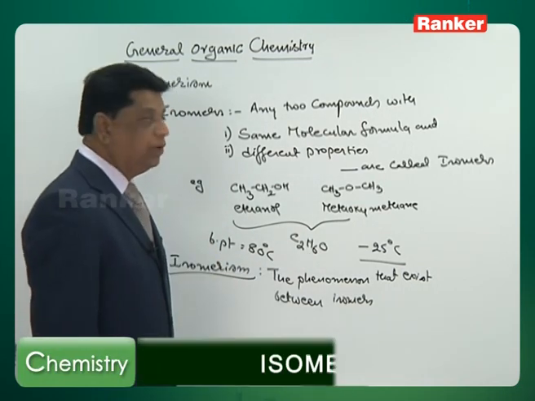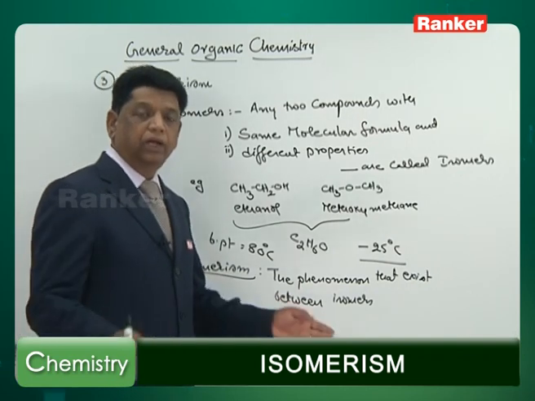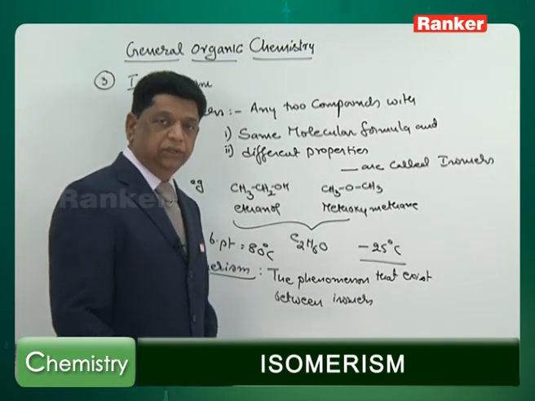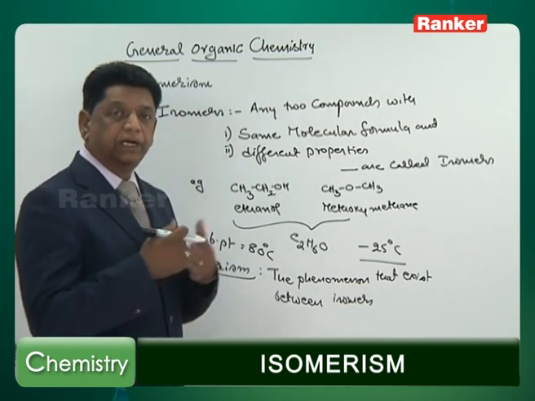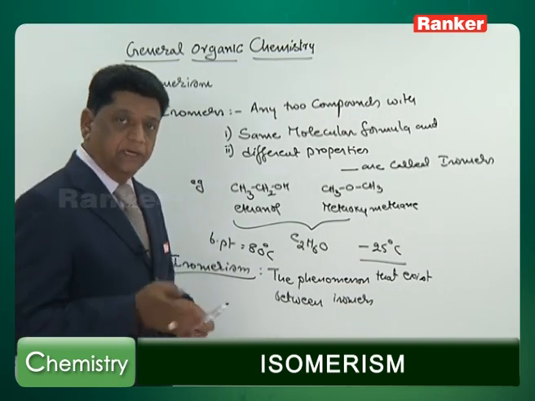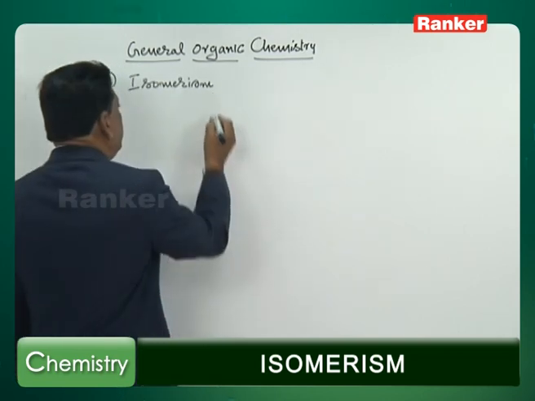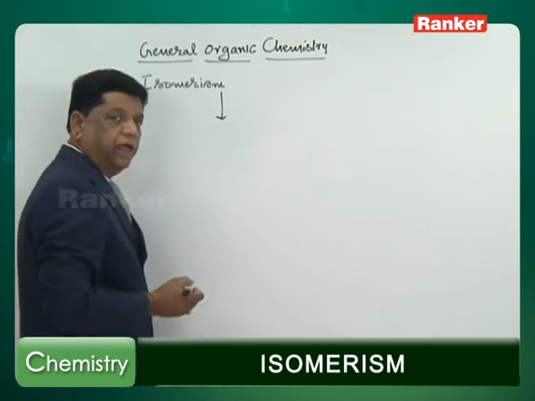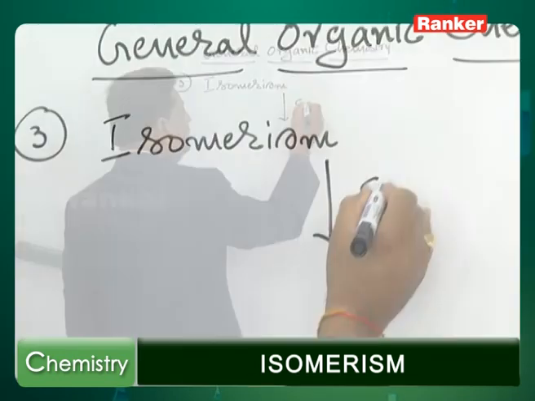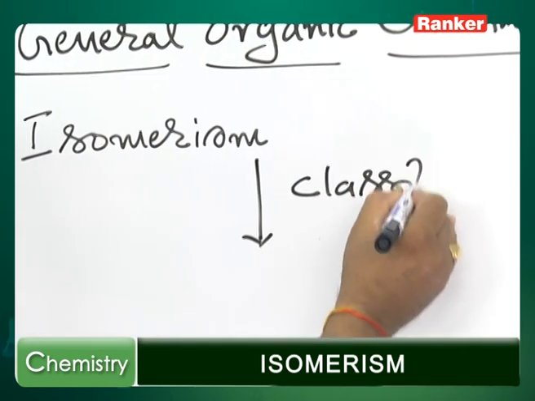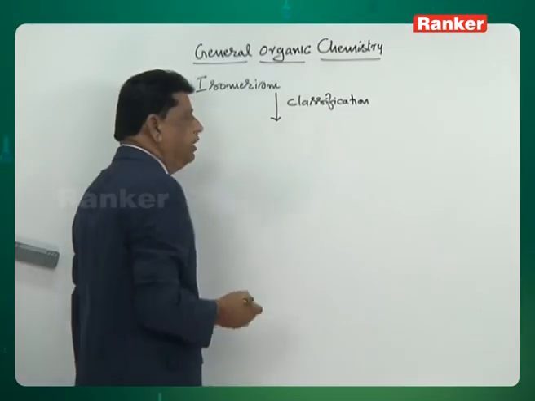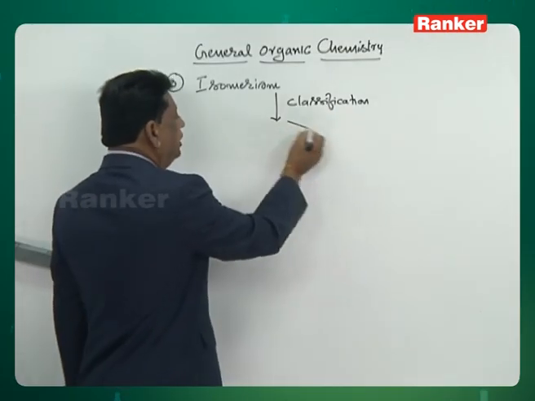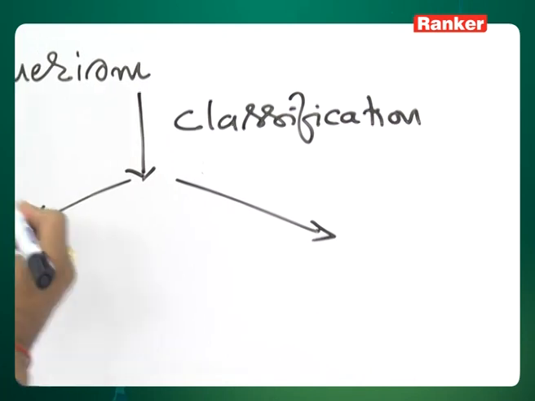Now, the isomerism is broadly classified into two varieties, structural and the stereo. Structural is further divided and the stereo is further divided, that we will take up first. So, the classification of the isomerism, however, this is a very old pattern.